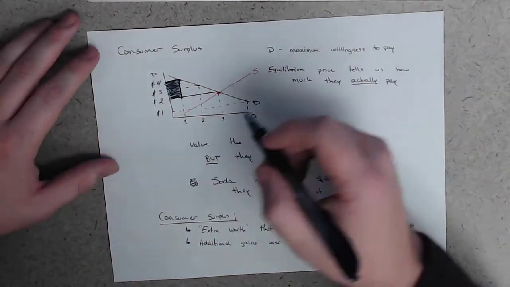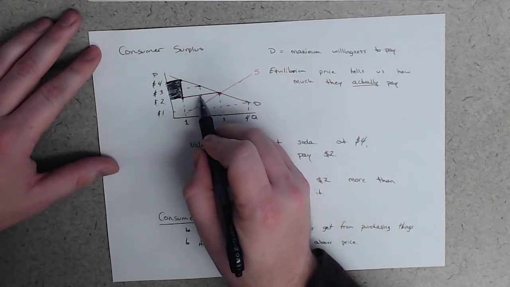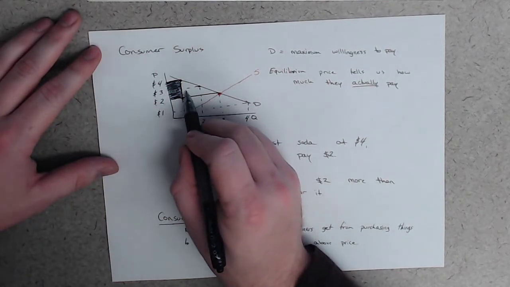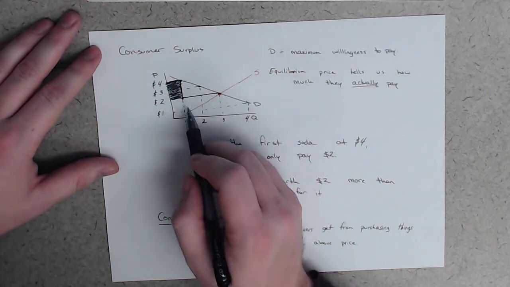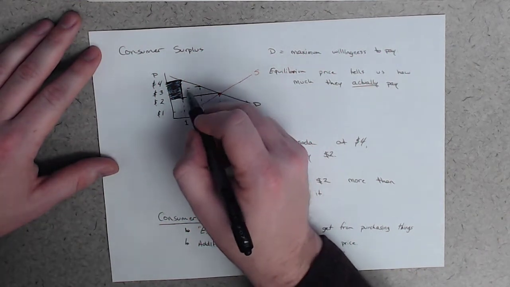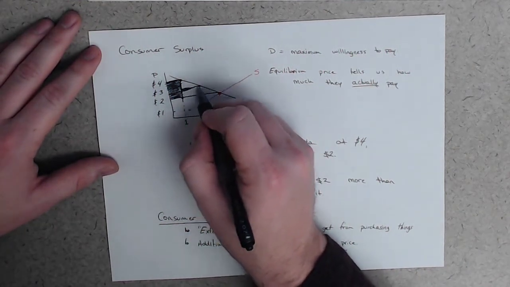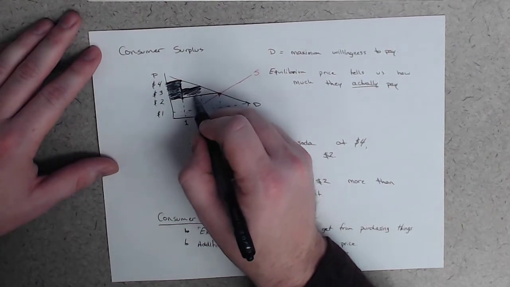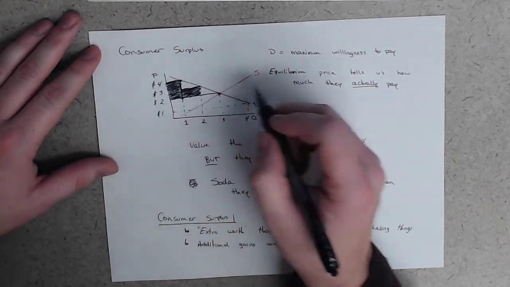And if they were to buy a second soda, right, so if they buy another soda, the maximum they'd be willing to pay is $3. They pay $2, and so they get another $1 worth of consumer surplus, right?